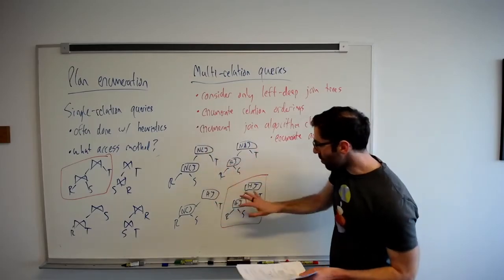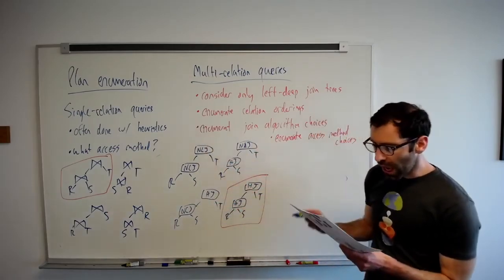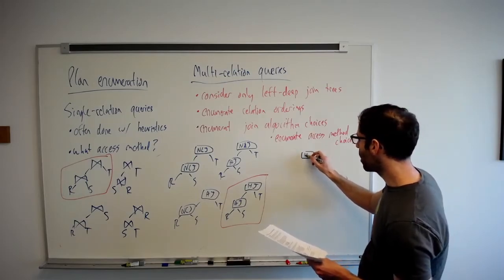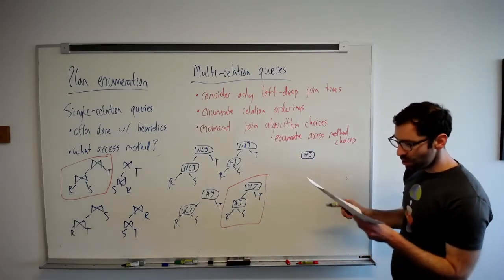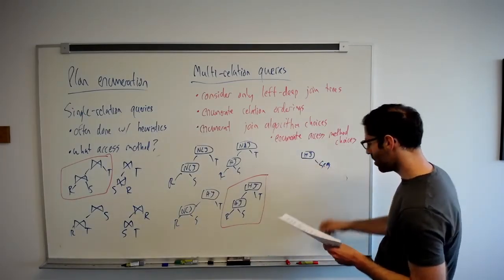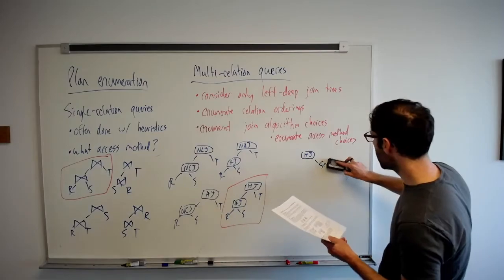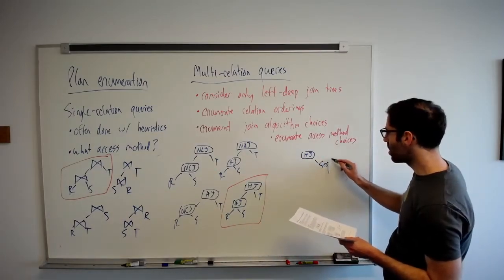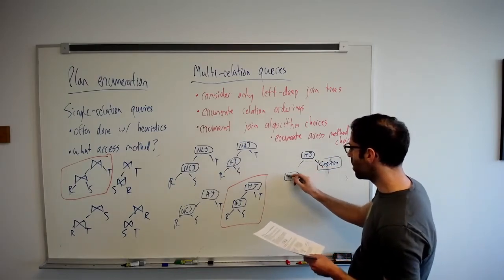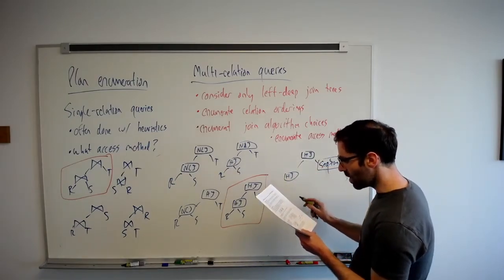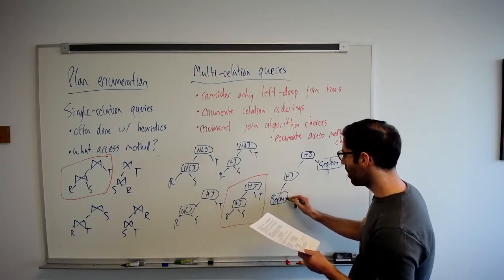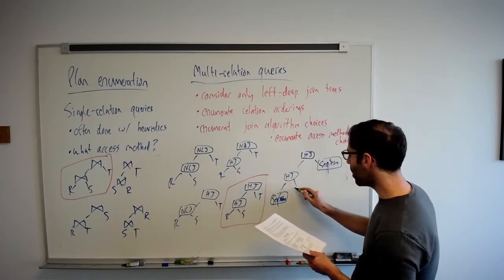We're going to do it for all of them, but for this one, we might use a sequential scan on T, and sequential scan on our relations R and S as well.